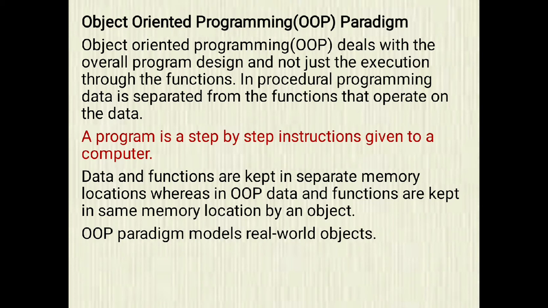So if you have data that is 1 and 1, and the function is plus, you have to do the sum of these two numbers, 1 plus 1. The data is 1 and 1, and the process is plus, that is the addition, the function. So in the object-oriented programming paradigm, both the data and the functions that operate on that data are kept in the same memory location using an object. The data and the functions are not kept separate.